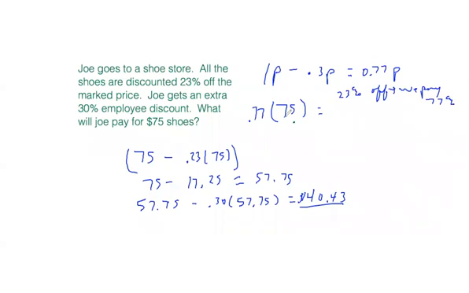So what we're going to pay is 0.77 times 75. And then of that, we take another 70%, because we get another 30% discount. So if it's 30% off, we pay 70%. So multiply all that together with your calculator, and once again get 43. Two ways to do that.